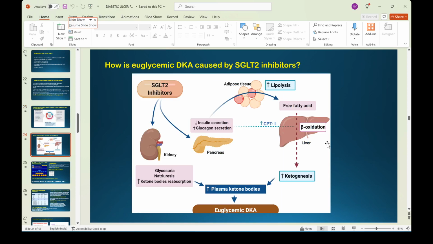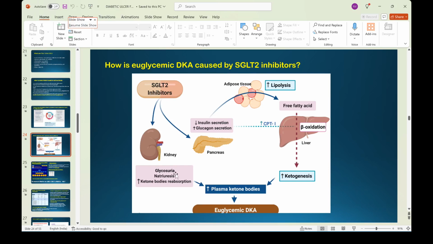So the mechanism of how this is caused by the SGLT2 inhibitors: this drug gets excreted by the kidney in the urine, and it goes and occupies the receptors in the proximal convoluted tubule, which are responsible for reabsorption of filtered glucose.